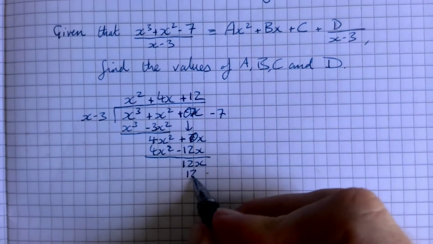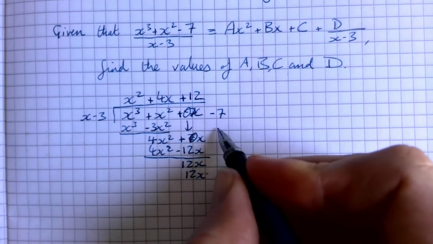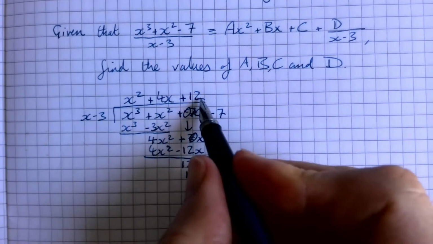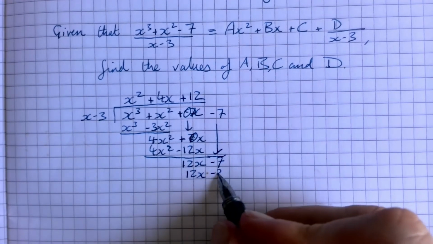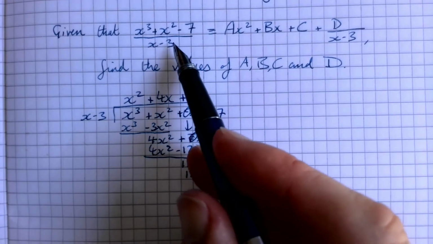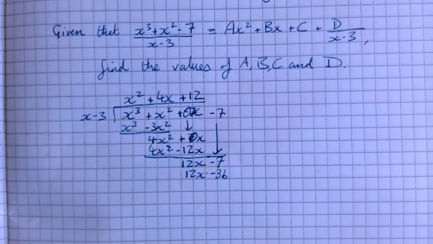If I drop my -7 down, this time it's not giving me something that works, and that's because it doesn't divide into it exactly, and we don't expect it to because it's an improper fraction.